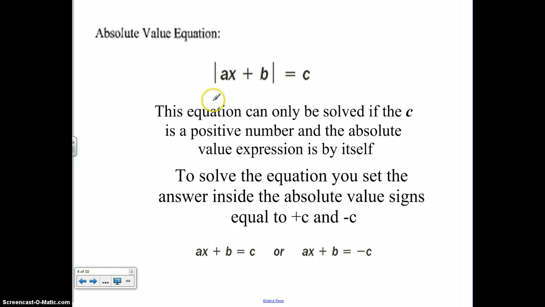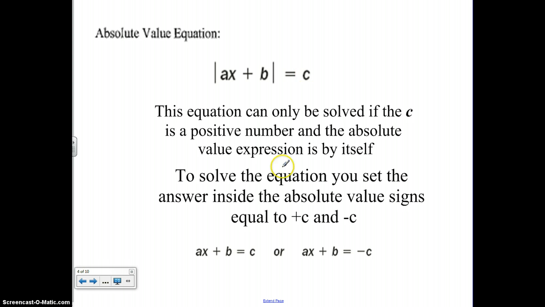We'll see more about this in the next class. To solve the equation, you just set the expression inside the absolute value signs equal to positive c and negative c. Because I'm trying to figure out what I can put in place of x that would give me a number whose absolute value would be equal to this.